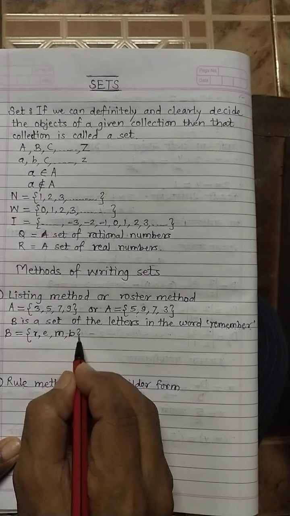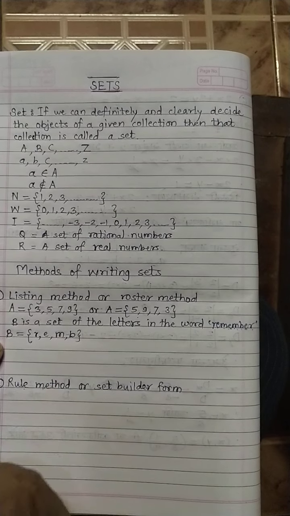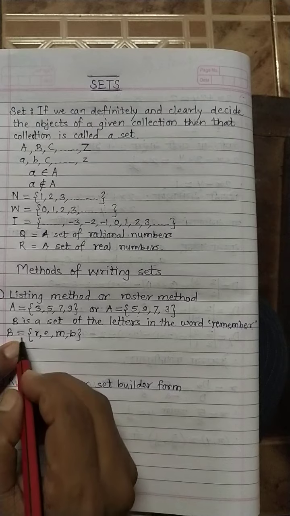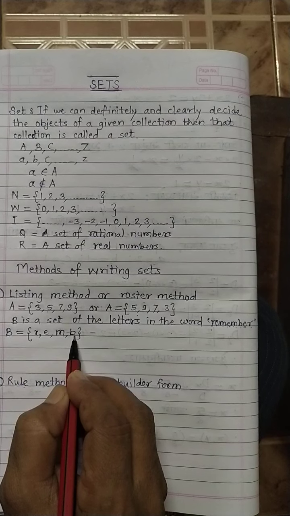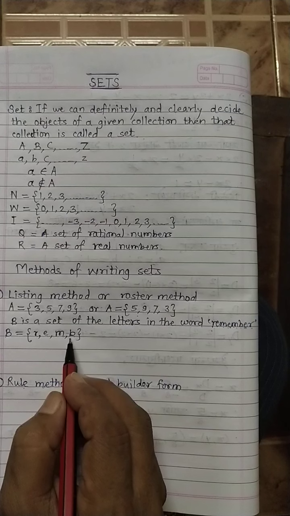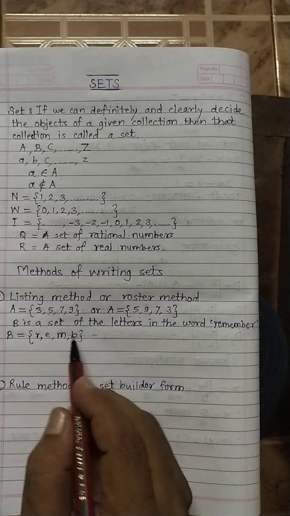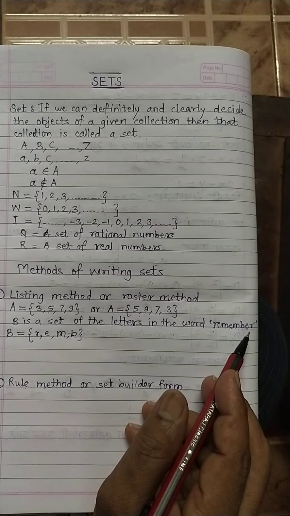So we can write in this way, means B is a set of R, E, M, B. Means in this way we can write set B, a set of the letters in the word remember.